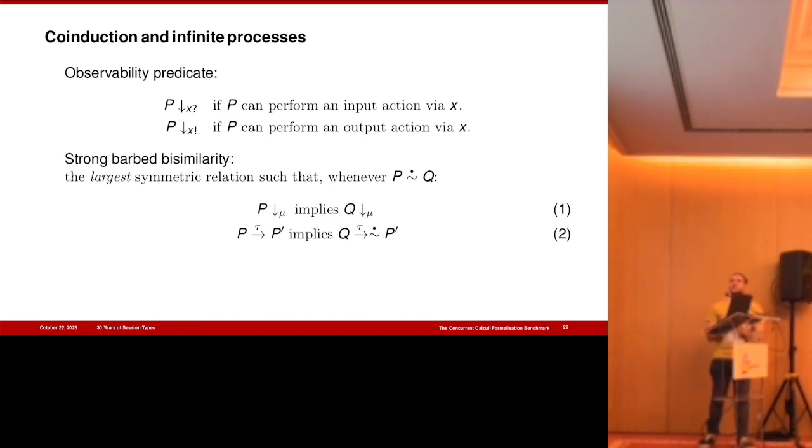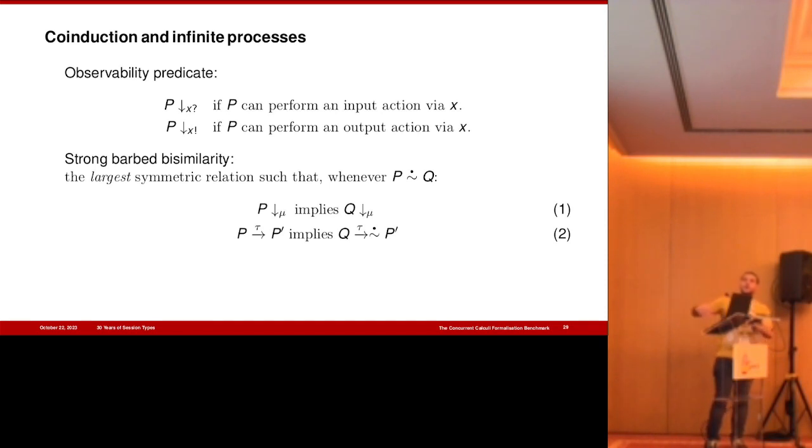And what we can observe externally in a communication setting is only what's sent and what's received. So we introduce a predicate formally that tells us if a process can perform a send or a receive action, as usual. And this is all we can observe. This, again, is very standard.